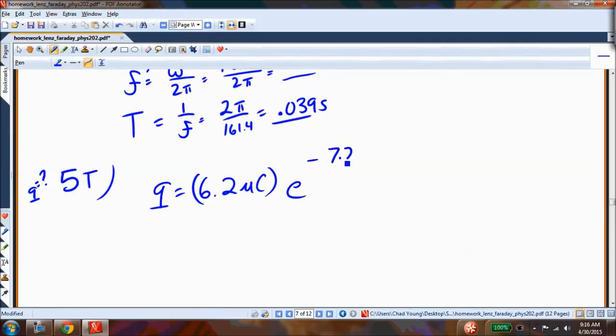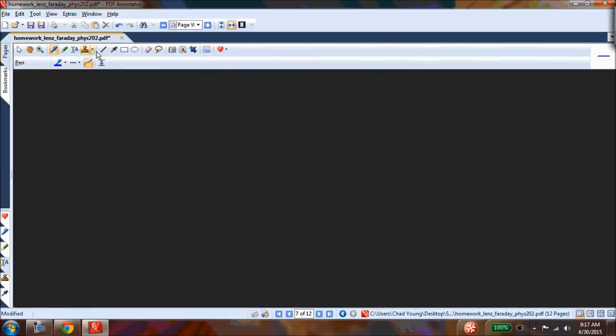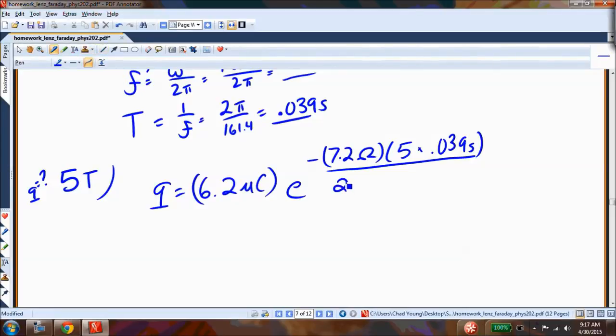R is 7.2 ohms. t is going to be 5 times 0.039 seconds over, was it 2L? Sorry about that. 2 times, I think this was 12 henries. Yeah. Okay, so that's the exponential, all to that e to this value.